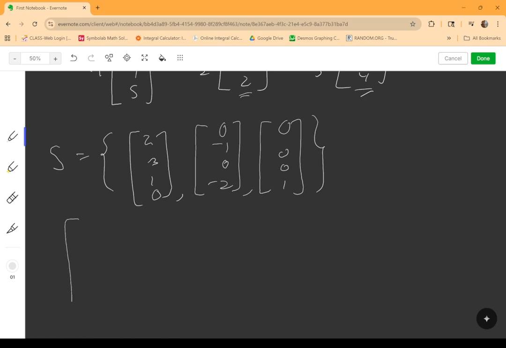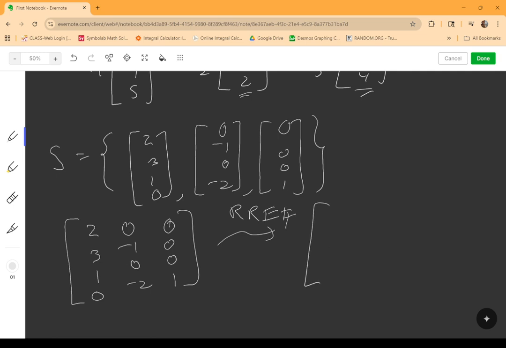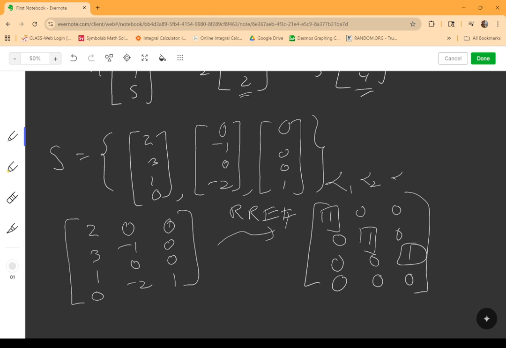So I start off setting up my matrix where the columns are the vectors. Then I reduce to row echelon form, and we get the matrix here, where we have the trivial solution, alpha 1, alpha 2, alpha 3.